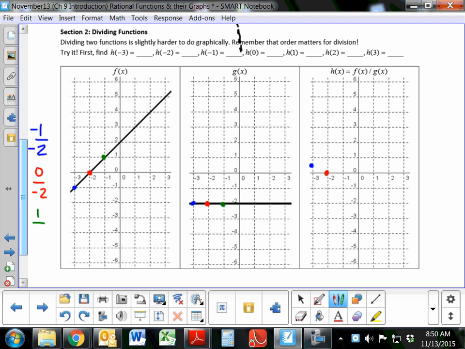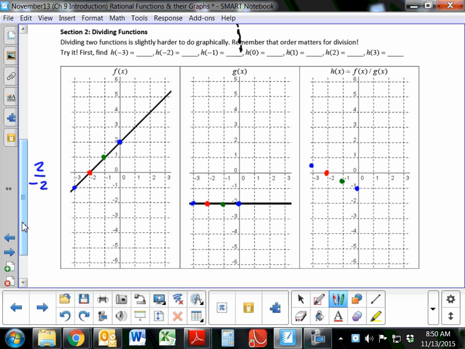What is 1 divided by -2? It's a negative half. So I'm going to go at -1/2. We're almost there. How high is this one? 2 divided by -2? Whoops. Negative 1. It's -1.